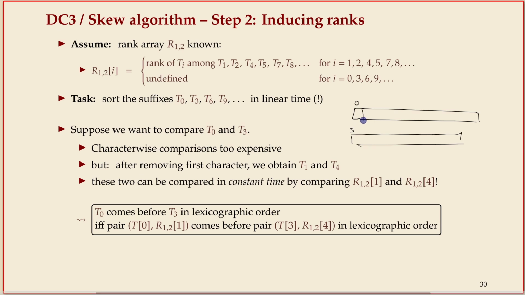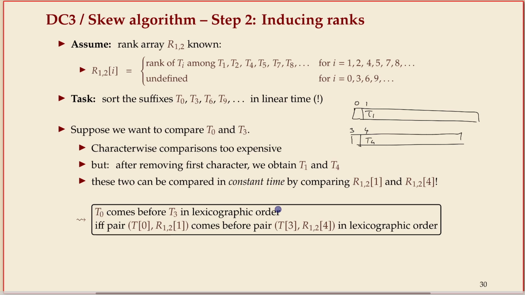But if I chop off the first character, then I have something that starts at position 1 and at position 4. While 0 and 3 were multiples of 3, if I remove one thing and so increase the index by 1, that's for sure not a multiple of 3 anymore. So I can take T1 and T4, and those two I can compare in constant time because I can use their ranks from this R12 array.